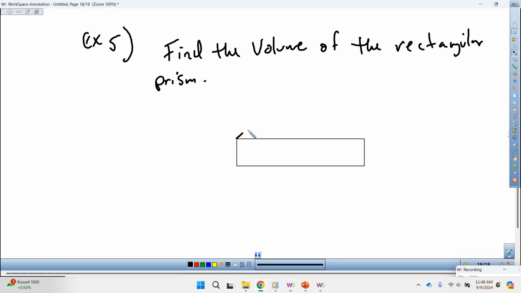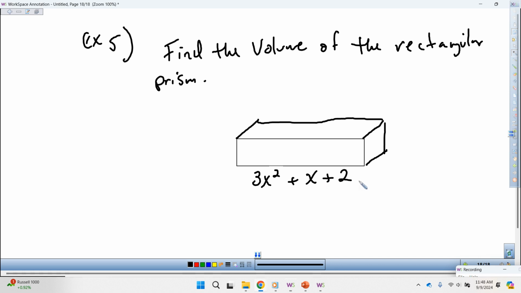Then you're going to do this. Are we there? All right. So, we got 3x squared plus x plus 2. For the height, I have x plus 5.